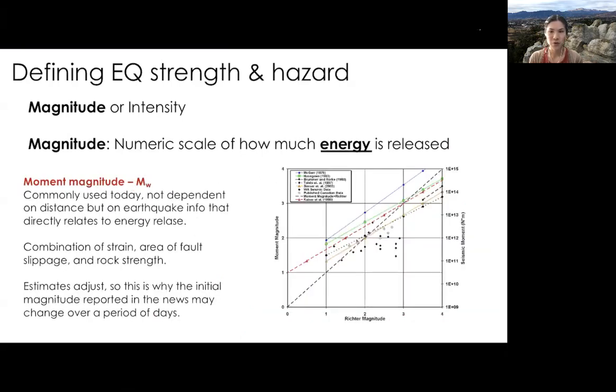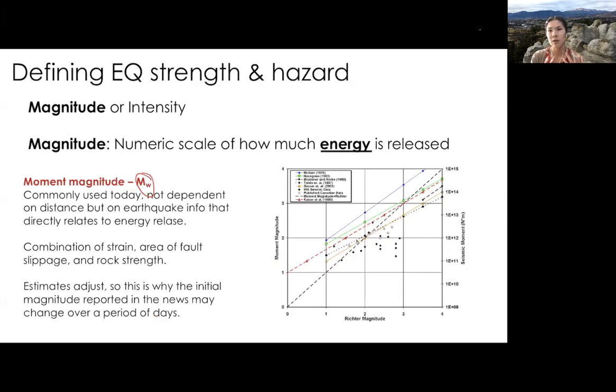And so to try and relate the earthquake strength directly to the earthquake itself, we now start to use the moment magnitude, or M sub W scale. So this is what's commonly used today. If you're looking at the USGS, you will see moment magnitude used. So it's not dependent on distance, but actually on direct earthquake information.